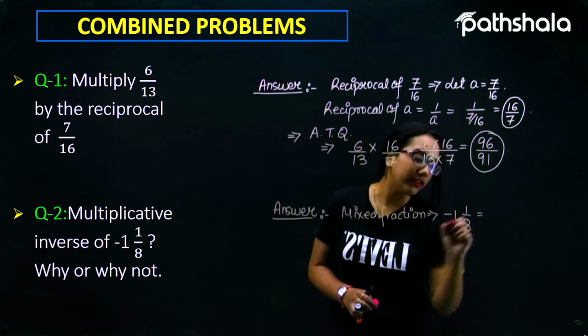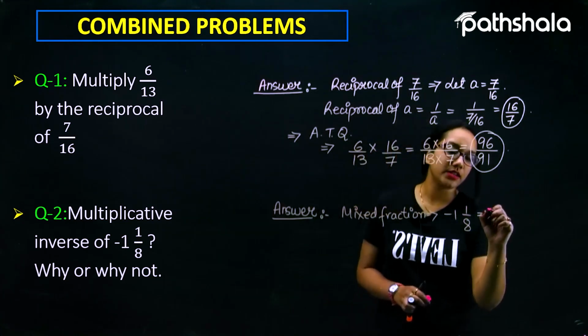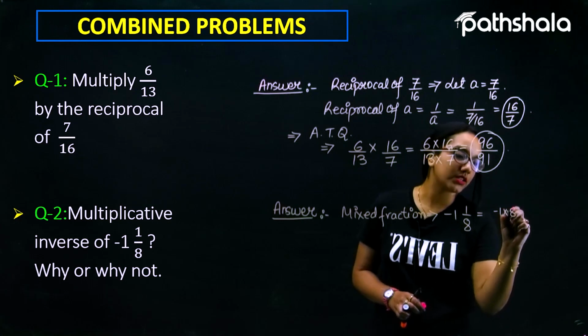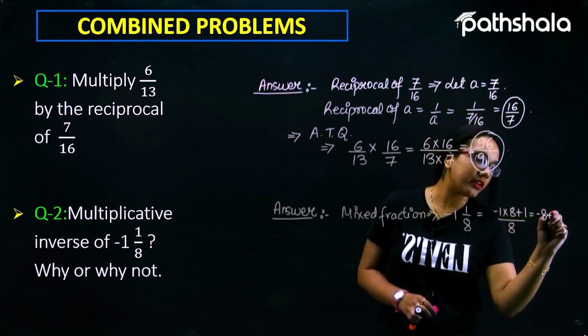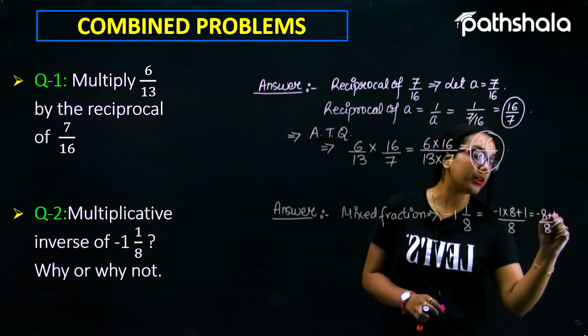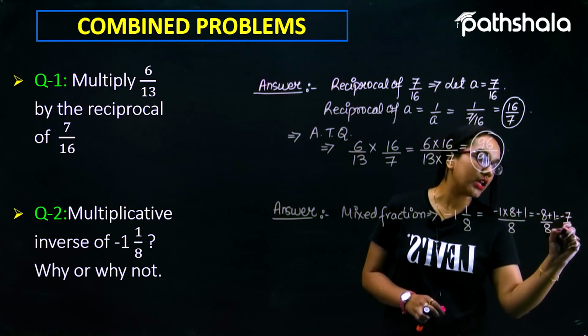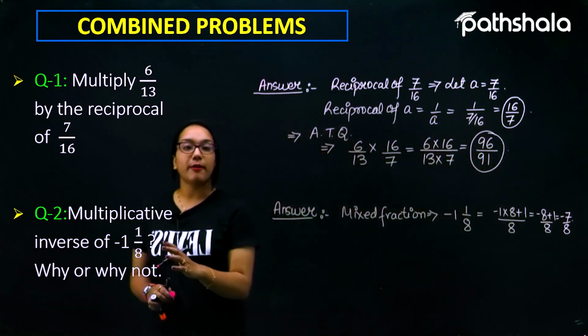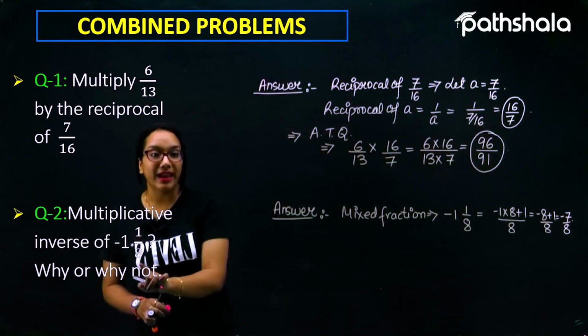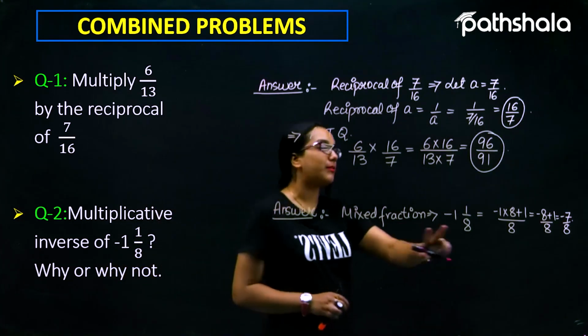Solving it, this is minus 1 into 8 plus 1, divided by 8, which is minus 8 plus 1 divided by 8. So the answer is minus 7 by 8.